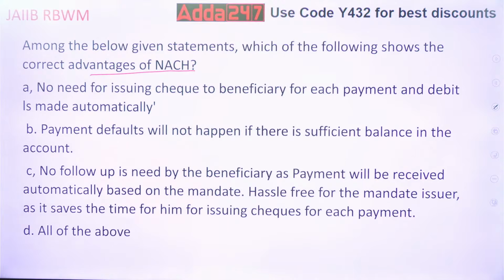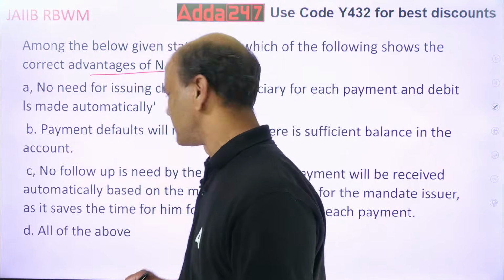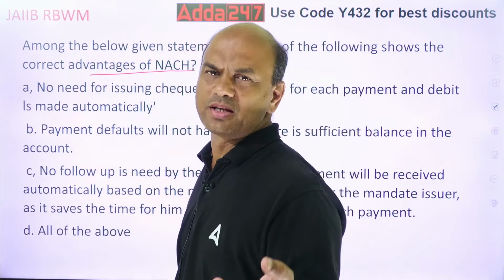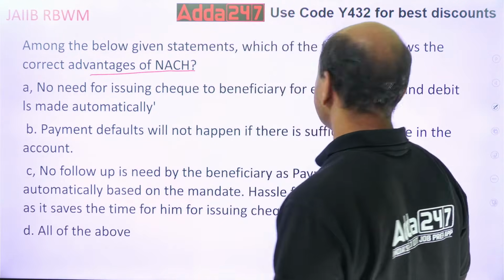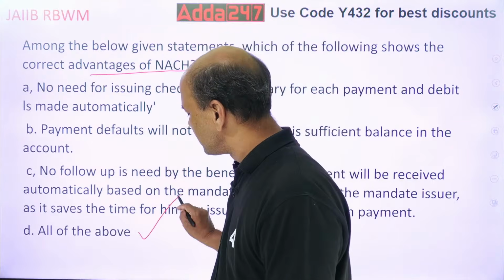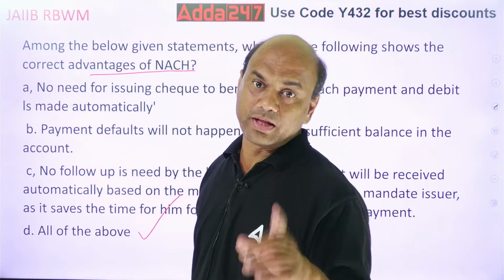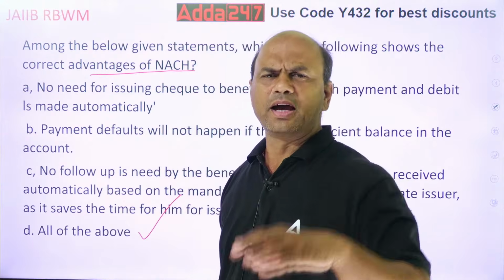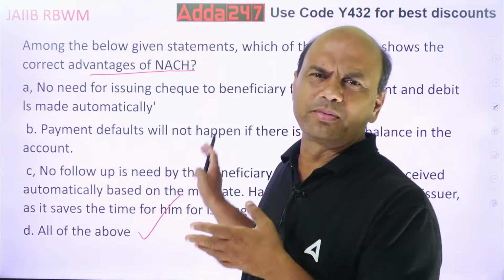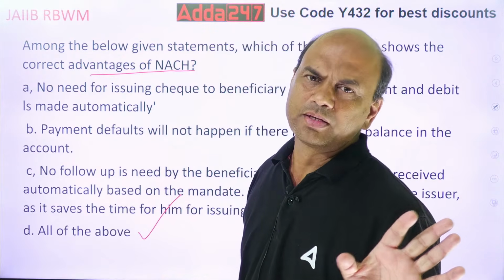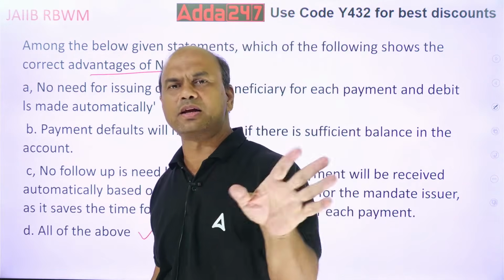See, all of you will clear JAIIB. That's for sure. Means if you have cleared the remaining 3 papers, this I'll guarantee you. Because when you are following this marathon and you are following the PDF which I have given, I'll guarantee you, you are clearing JAIIB, and RBWM, I can guarantee you. 60 plus, you are surely getting it.